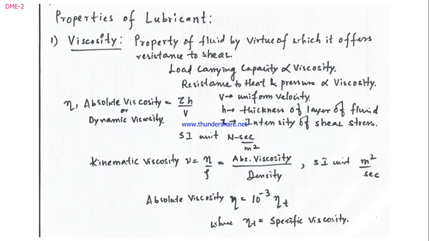The more the viscosity of the fluid, the higher the load carrying capacity. Similarly, the more the viscosity, the more it can offer resistance to heat and pressure. That is the reason viscosity is a very important parameter in the properties of lubricants. It should have high viscosity.